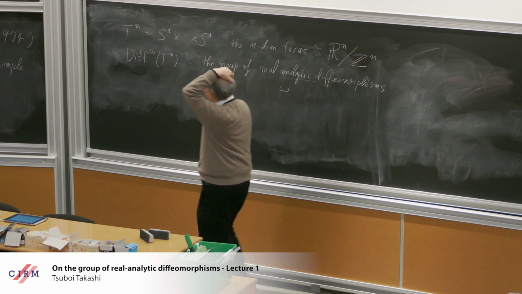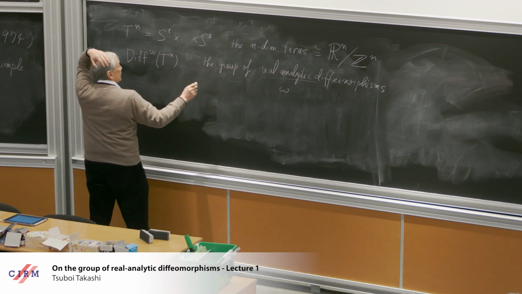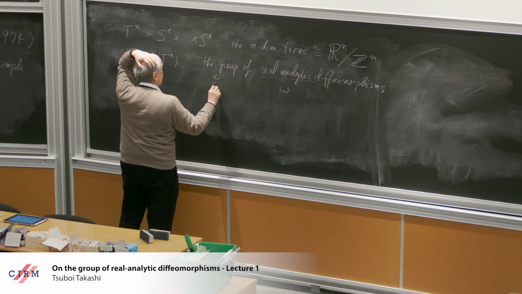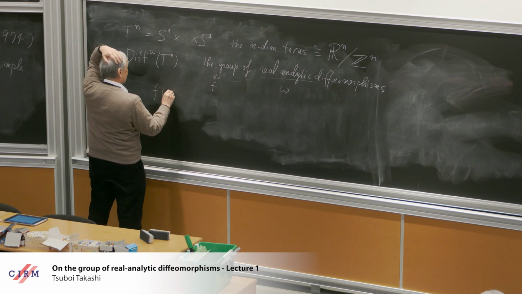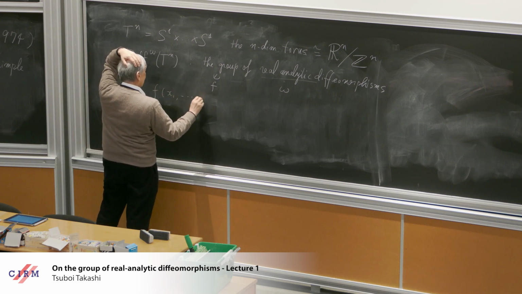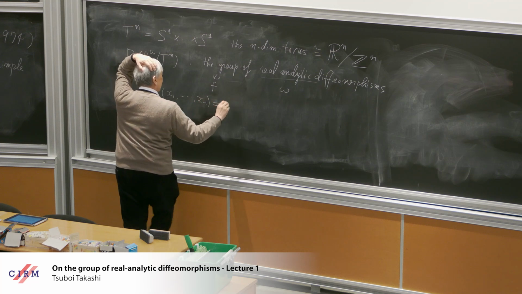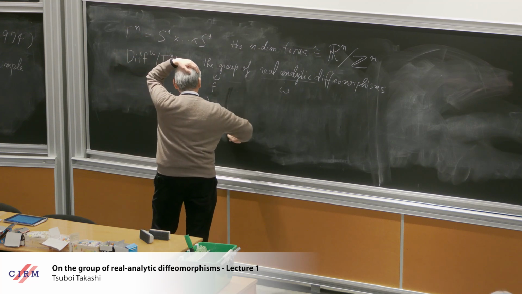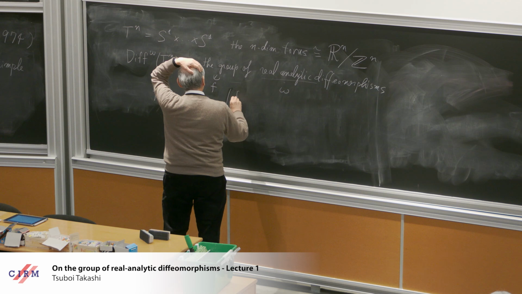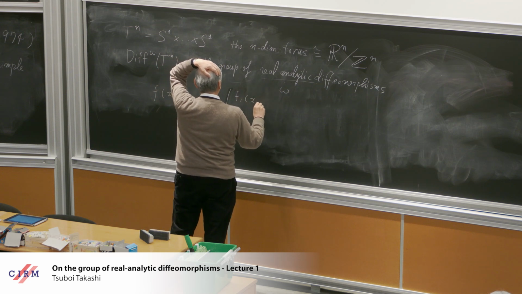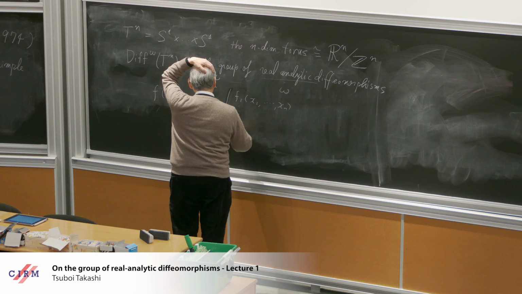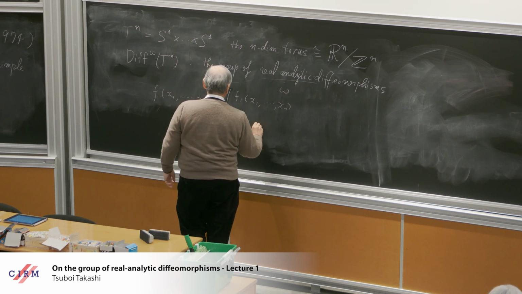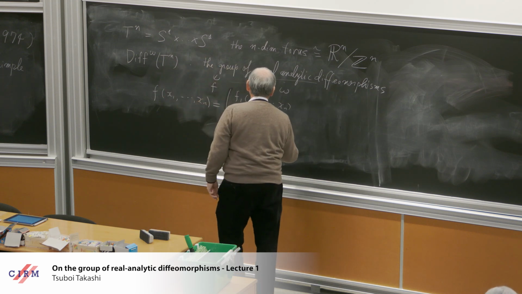And then the element f should be written as f1 of x1 to xn, through fn of x1 to xn.